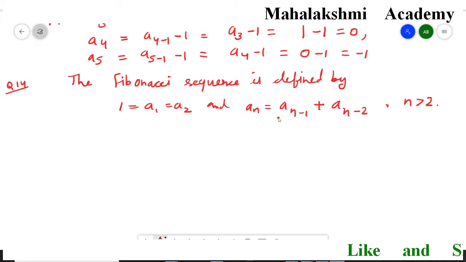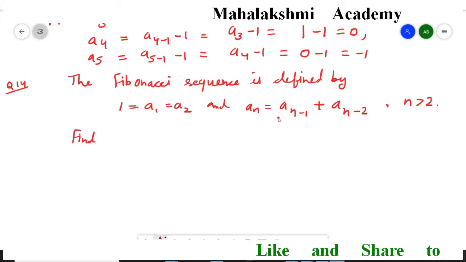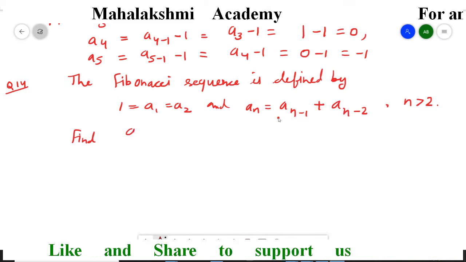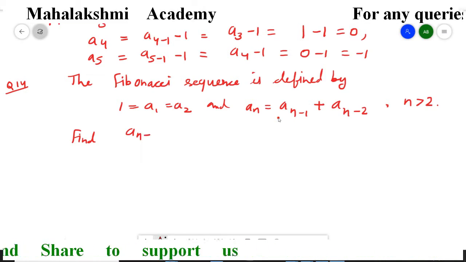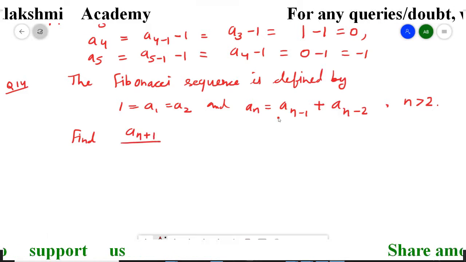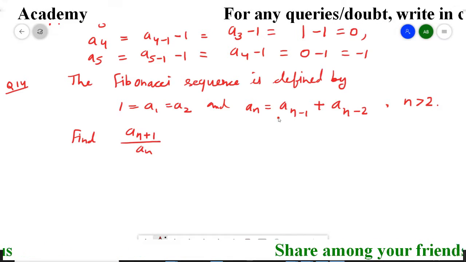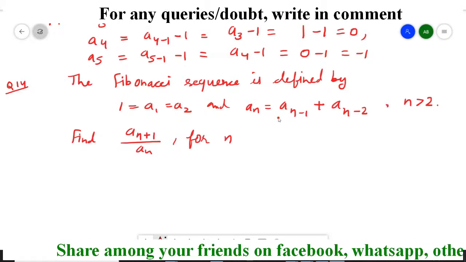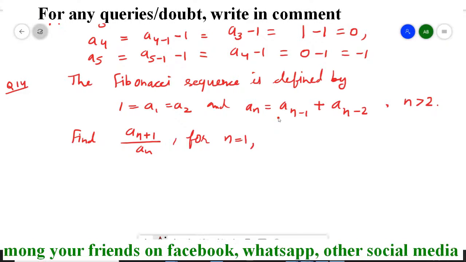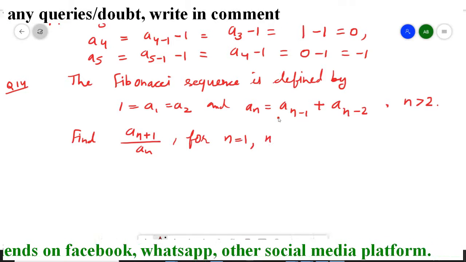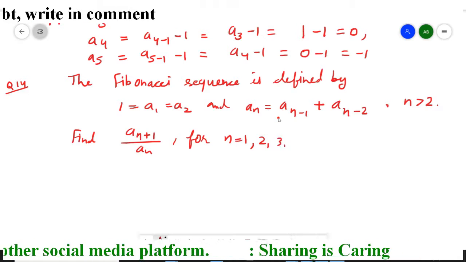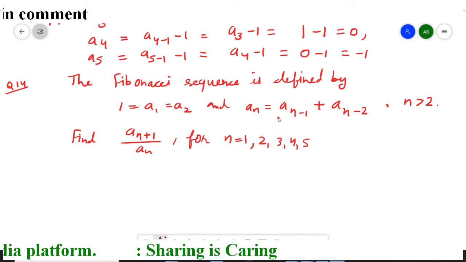In this question, unlike other questions where they ask for the first 5 terms, here we have to find the value of an plus 1 divided by an, and these values we have to calculate for n equal to 1, 2, 3, 4 and 5.